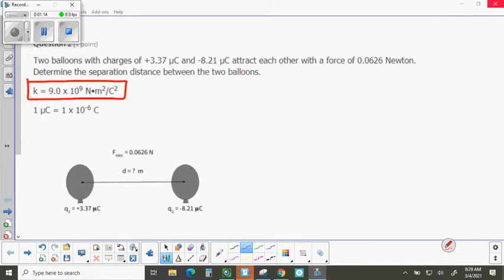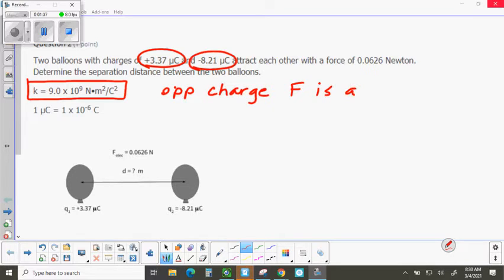This time the balloons have a charge of positive 3.37 microcoulombs and negative 8.21 microcoulombs. Since the charges are opposite, we know that the force is attractive.